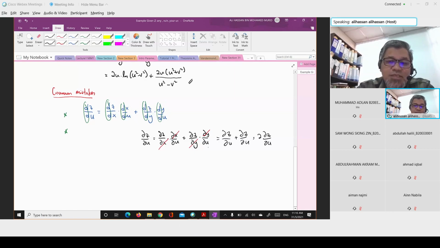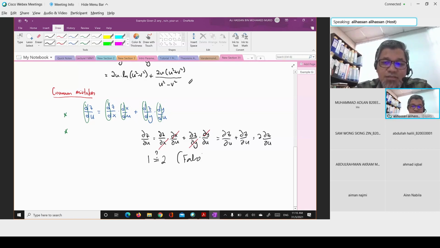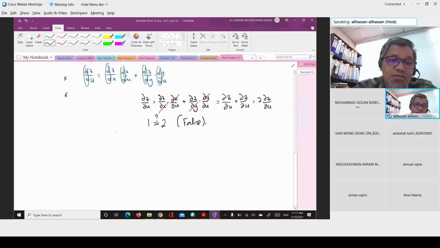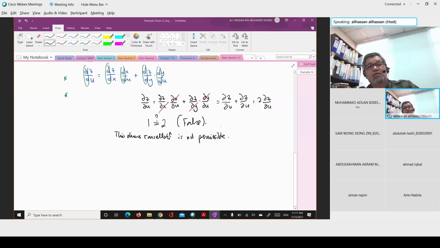If you cancel out, you get this silly equation 1 equals 2, which is certainly false. So this shows that you cannot do the cancellation. Cancellation is not permissible here.